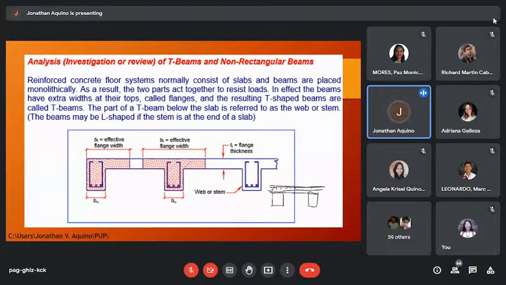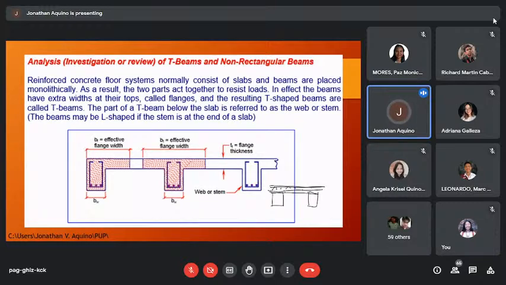But in the case of slab and beam cast monolithically, kasi ang pagcast naman nung floor natin, monolithic yung beam, yung slab natin with the beam.